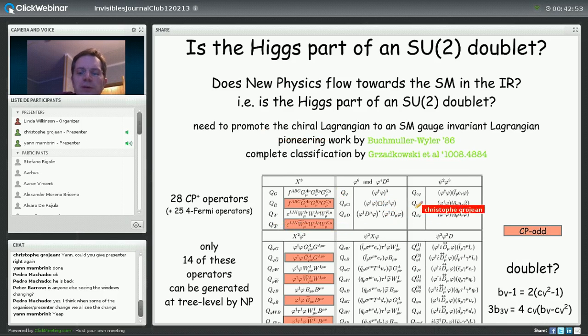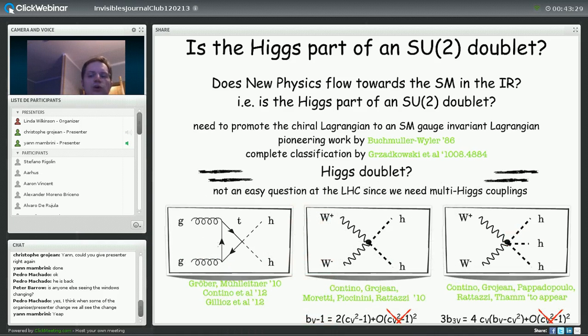And you can also eliminate some of the operators, assuming, for instance, that you have a CP invariance. And also, some of those operators cannot be generated at tree level by any new physics. They can be generated only at the loop level. So namely, you expect that those operators will be suppressed. Right? So this is basically a list of those operators that really matters for the Higgs physics. And you can count that there are basically only 14 of them that can really affect the Higgs physics at tree level, for LHC physics.